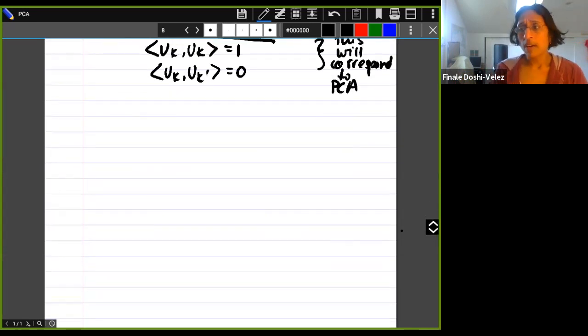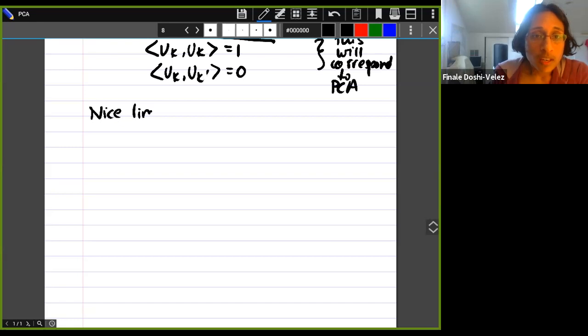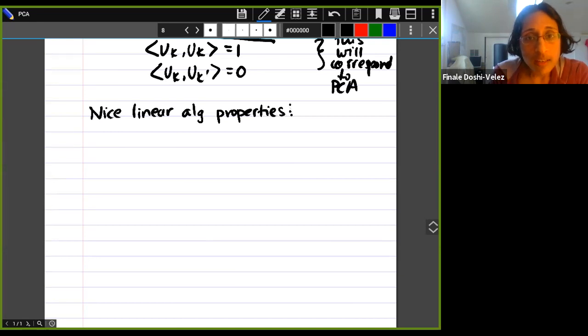So how do we now go about solving for this particular thing? There are some nice linear algebra properties if we decide that the U's are going to be orthonormal.